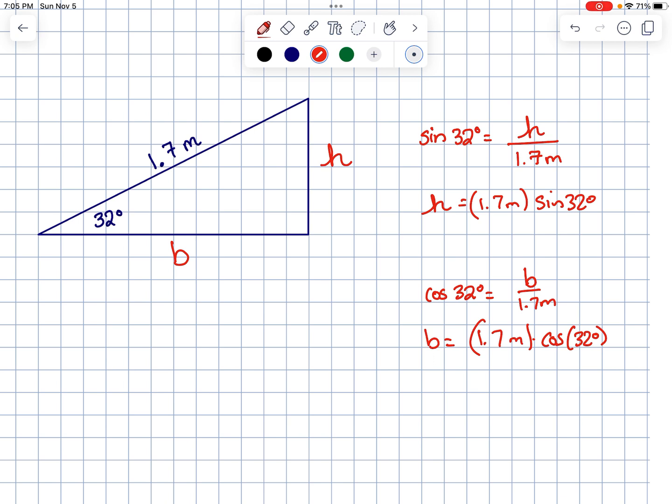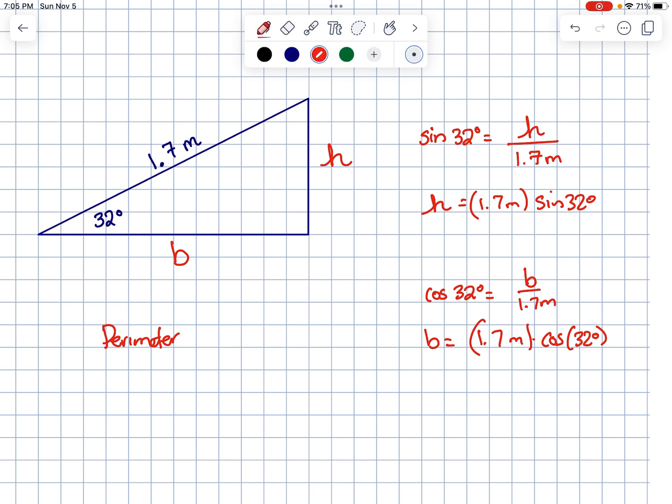And then once we know H and once we know B, we can answer other questions. For example, the perimeter is just the sum of all the sides. It's the distance all the way around the outside of the triangle.